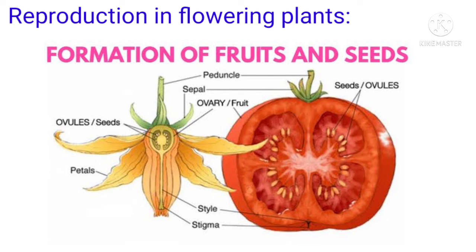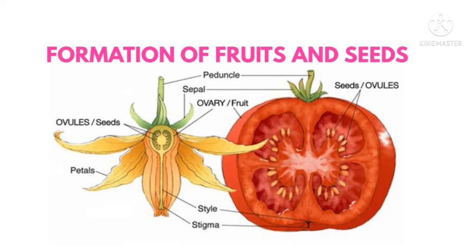The ovary swells up and changes into a fruit, and the ovules change into seeds. This process is called fertilization. These seeds produce new plants. This is the life cycle of a plant.